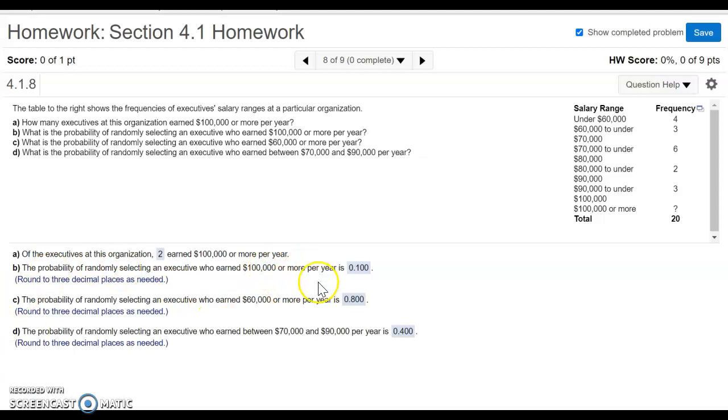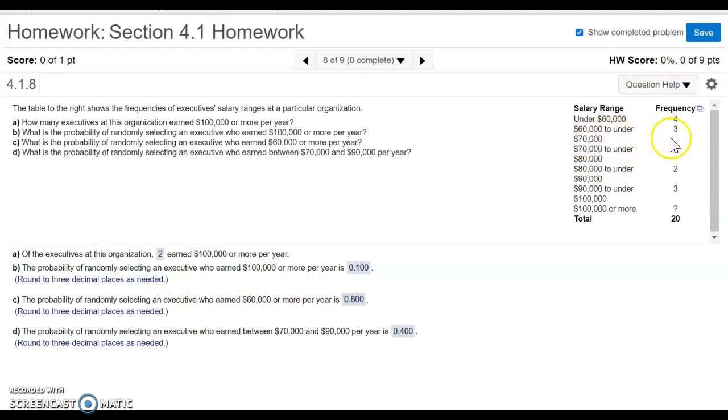And then the probability of 100,000 or more per year: you would take the frequency, which is 2, and divide it by 20, and you would get 0.10.